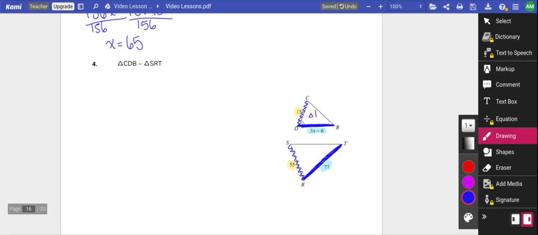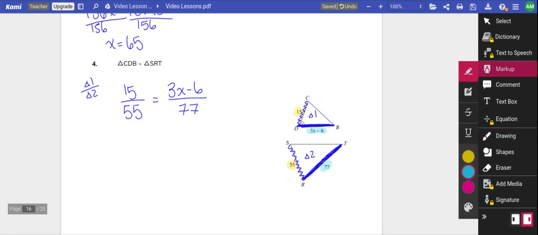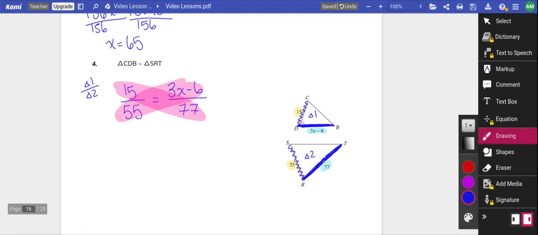So if this is triangle 1 and this is triangle 2, I can set up a ratio comparing 15 to 55. Then I need to go back to triangle 1, 3x minus 6 to 77. Now I'm going to use the product of the means and the product of my extremes. 55 times 3x minus 6 should be equal to 15 times 77.